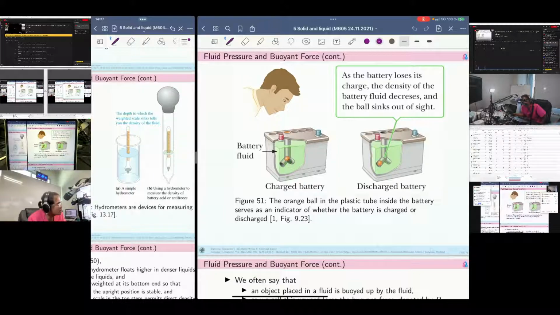And they have the lead here, in the cell. Because of this special chemical mixture, if you put current into this, it's going to have ionization, which produces positive and negative charges in this liquid.